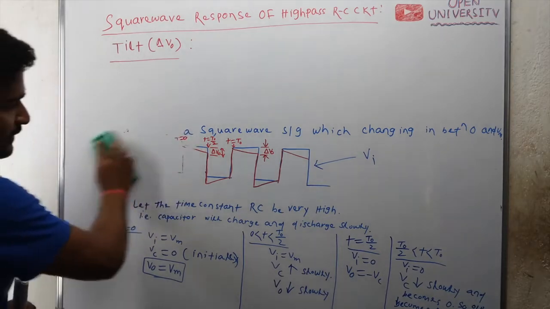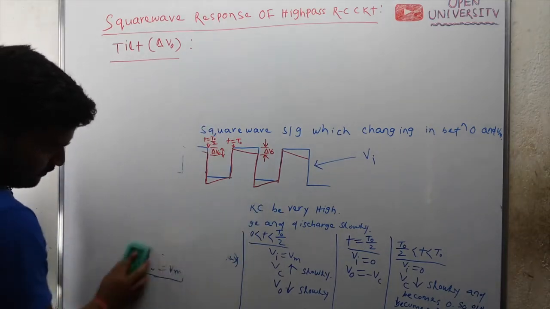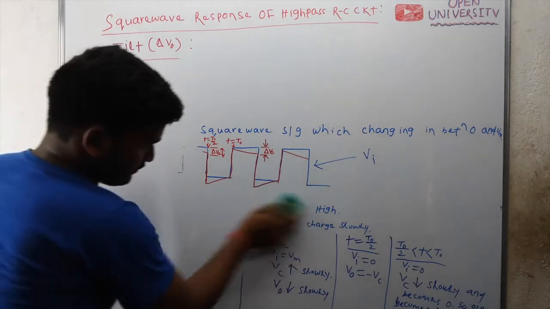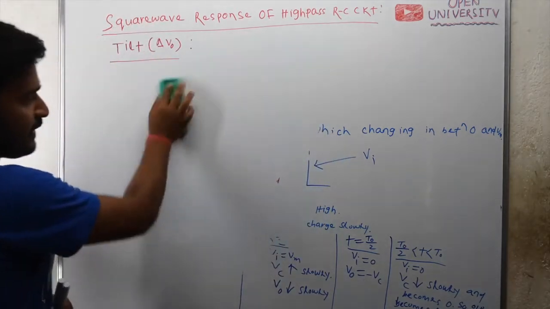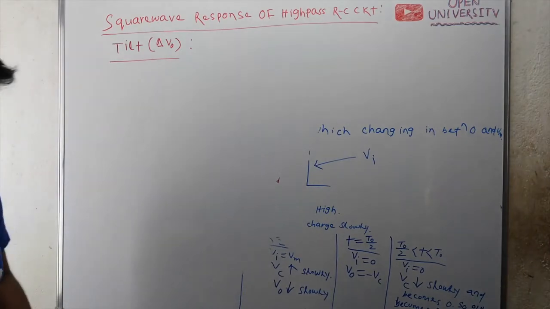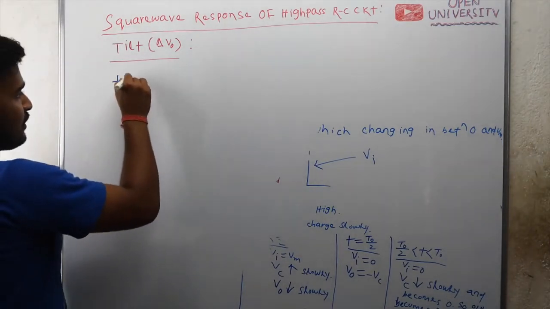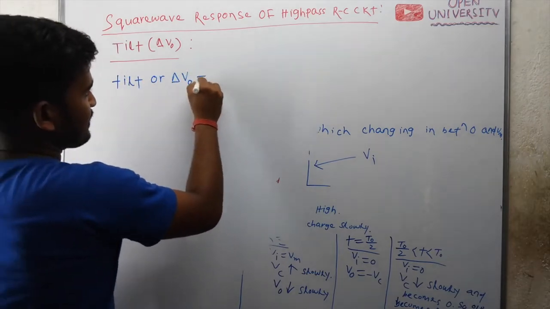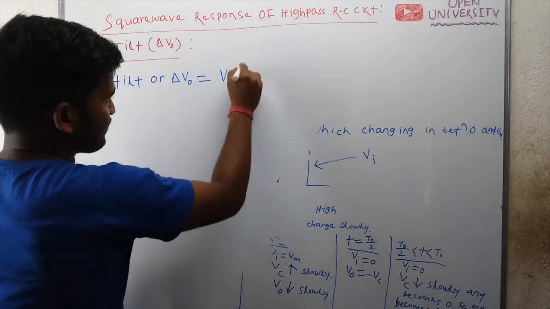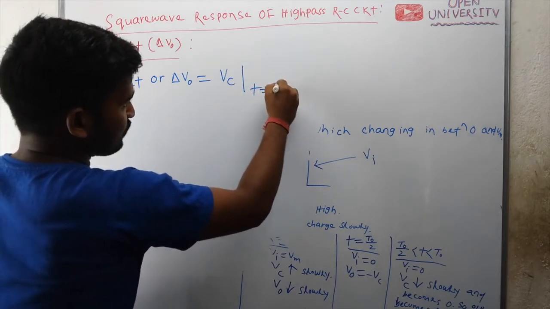So I can write that tilt or delta V naught is nothing but voltage across capacitor when t equal to t naught by 2.